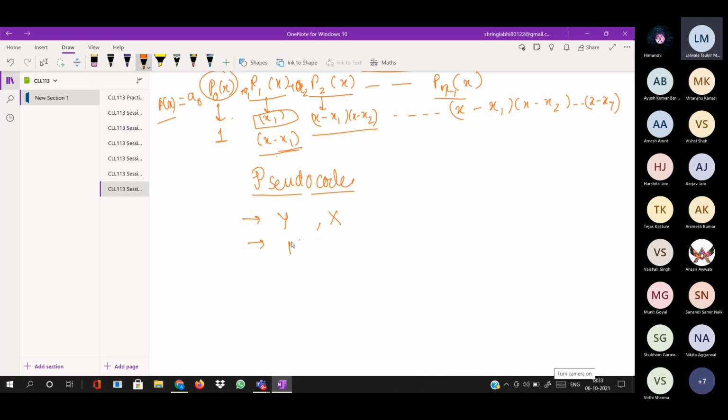Sir, we can make an array for P. The first element P0x is 1. For calculating P1, we will multiply x minus x1 to the previous element of this P array. Then for P2x, we will multiply x minus x2 to the previous element of this array.